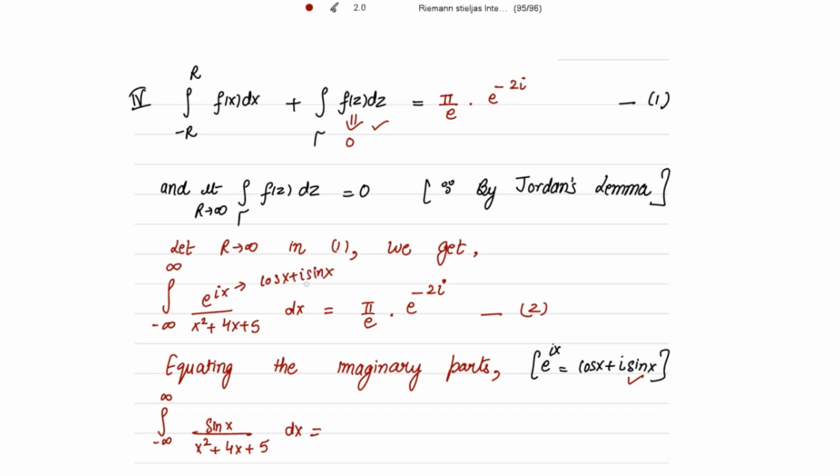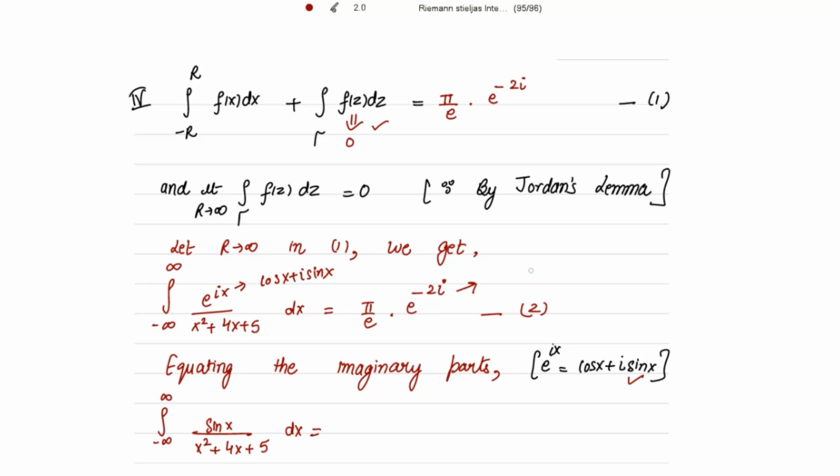So you are having the two terms, cos x over x square plus 4x plus 5 plus iota times sine x over x square plus 4x plus 5. Now when you equate the imaginary part, you will get integration of sine x over x square plus 4x plus 5 dx is equal to, now what is this e the power negative 2 iota?